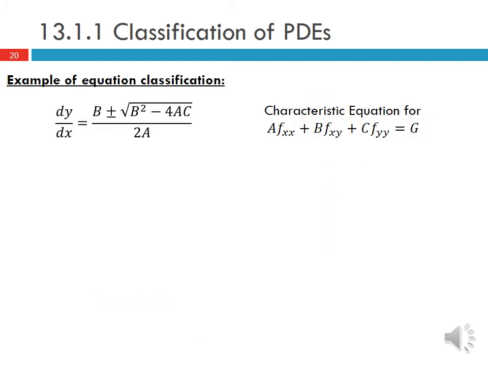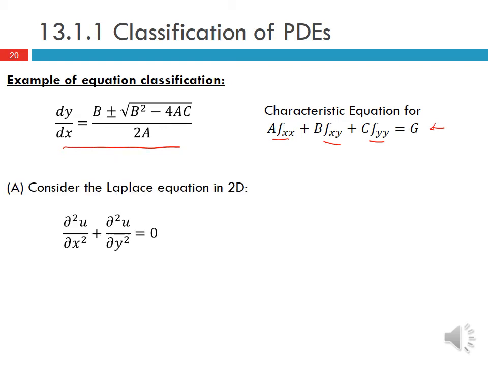So let's look at some examples of classifying equations. If we have an equation here, a general second-order PDE that has just the partial derivatives and potentially a non-homogeneous term, this is the characteristic equation for this PDE.